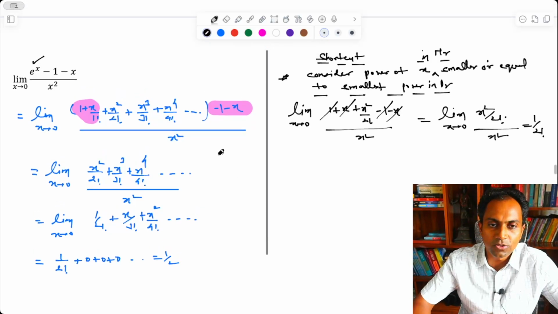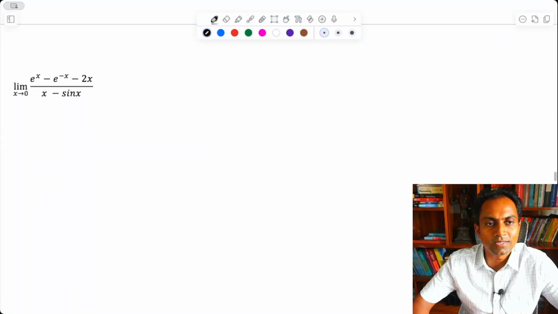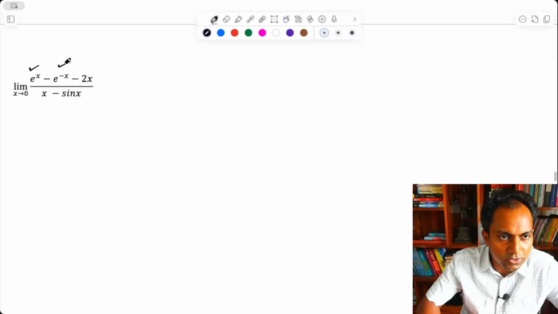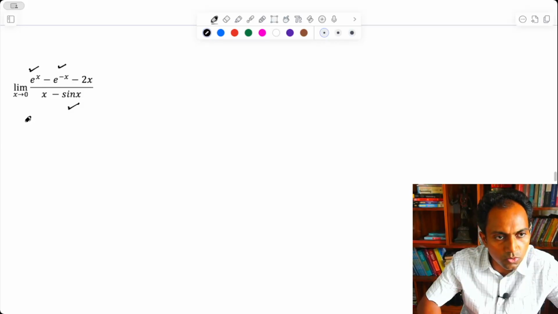Now let us see how this works out in this next question. So if I look into this question, again I will want to write series expansion of these three terms first. If I write it down, let us see what I get. So let us start from the denominator, because that will tell us how many terms to go behind.